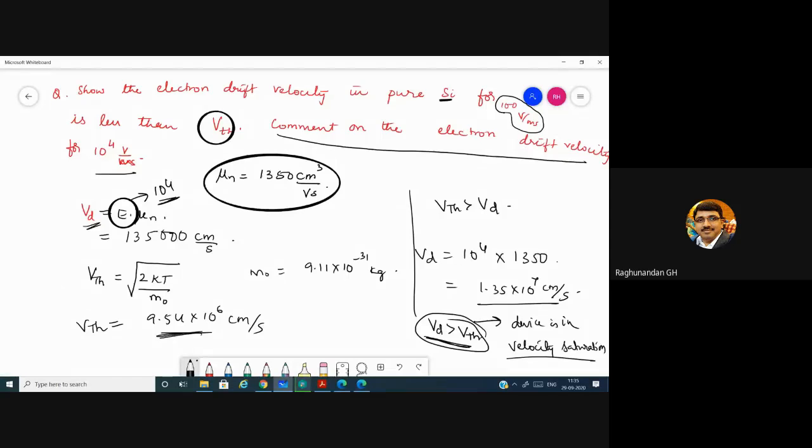The device is saturated to the peak value. If you further increase the voltage, it might damage the device itself. So whenever the device is in velocity saturation, VD will be greater than VTH. Otherwise, in all the other cases, VTH will be greater than VD.